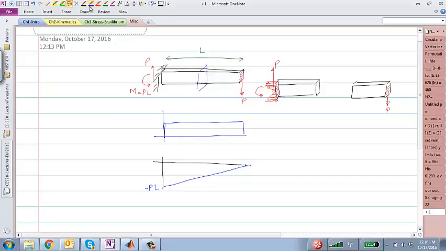At this cross section right here, the magnitude of that moment becomes smaller, but again the top part is in tension, matching equal and opposite to the other half. The bottom part is in compression, matching equal and opposite to the other half, and then we get that sort of distribution.